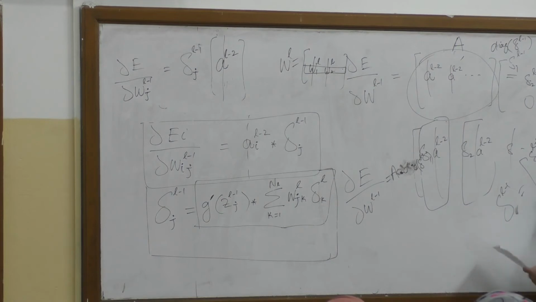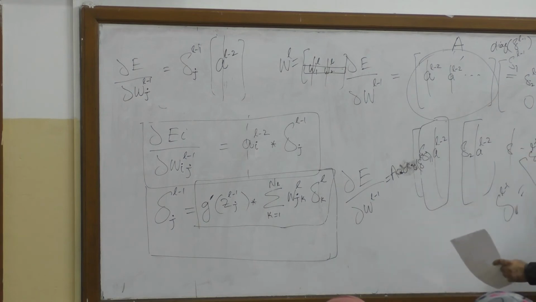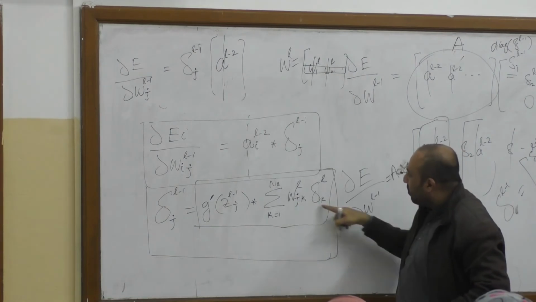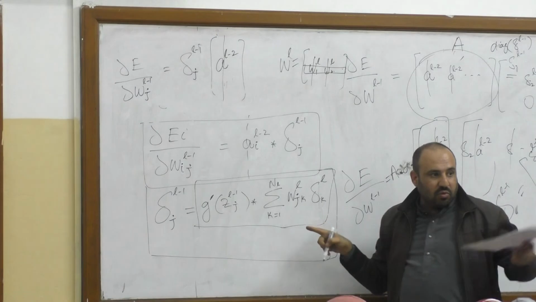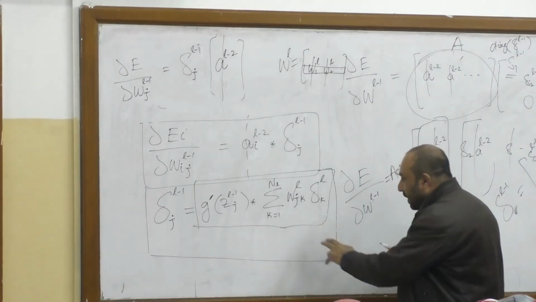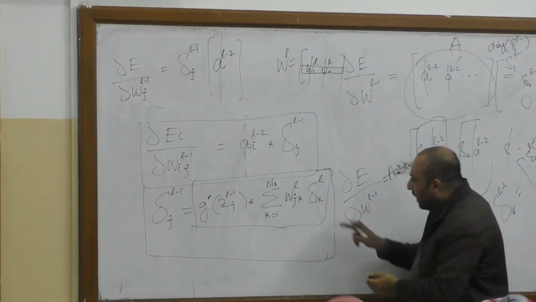If this is a vector, if we write it in diagonal form it comes like this. If we don't write it in diagonal form and write it as it is, that's a vector. If this vector is multiplied by the jth row, that's what is written here. Yes or no? Yes. If you see closely, it is the jth row times this column. And I can skip the K here.